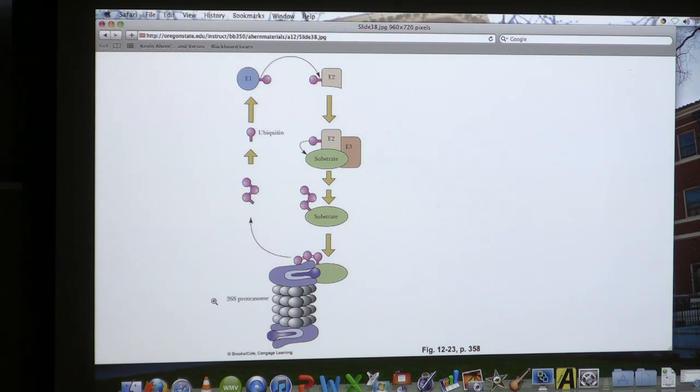The proteasome is designed to take things that have been targeted for degradation and degrade them. What's happening in that degradation inside of a proteasome is that proteases are chewing up that protein. The product of chewing up protein, of course, is amino acids.